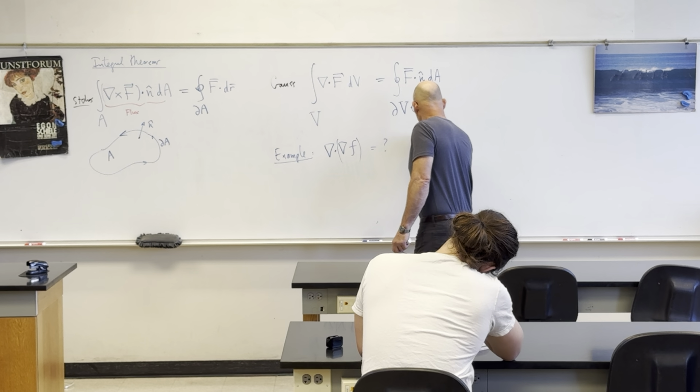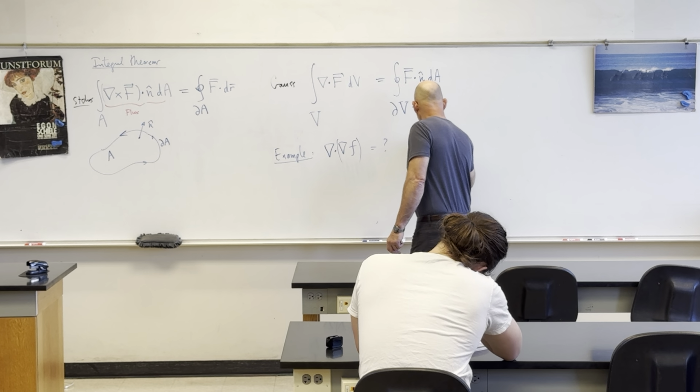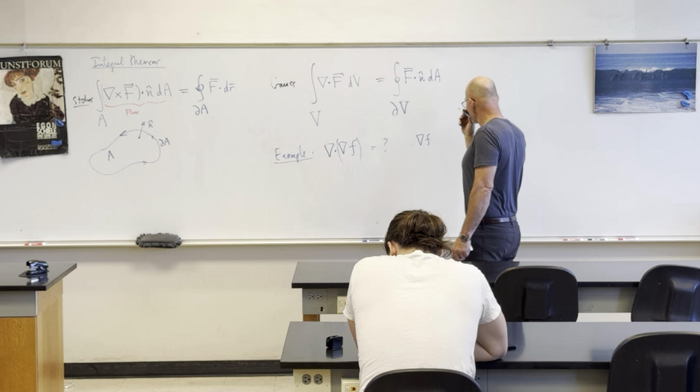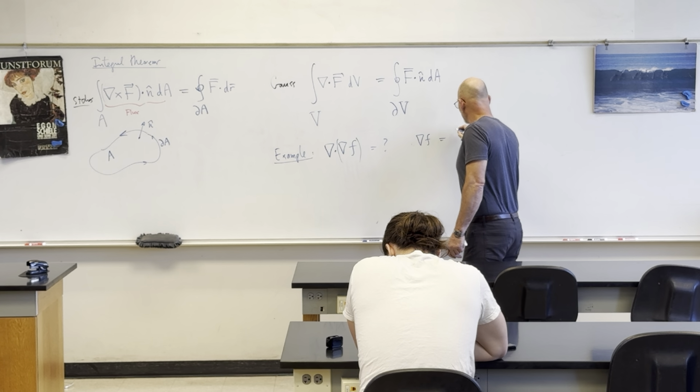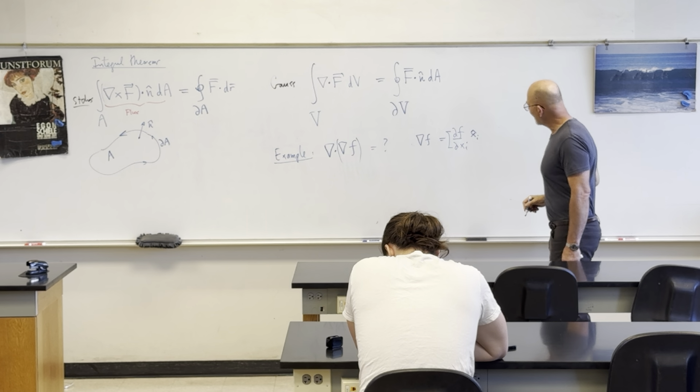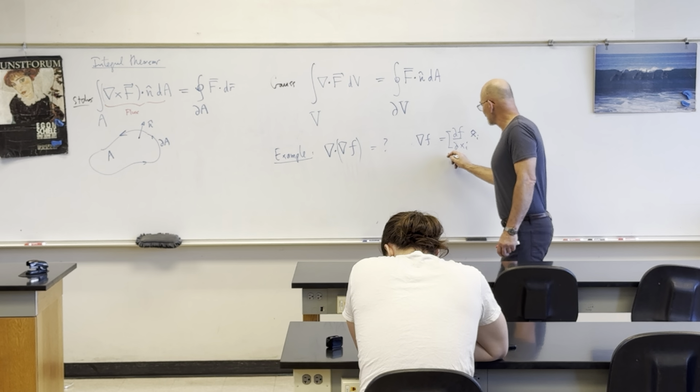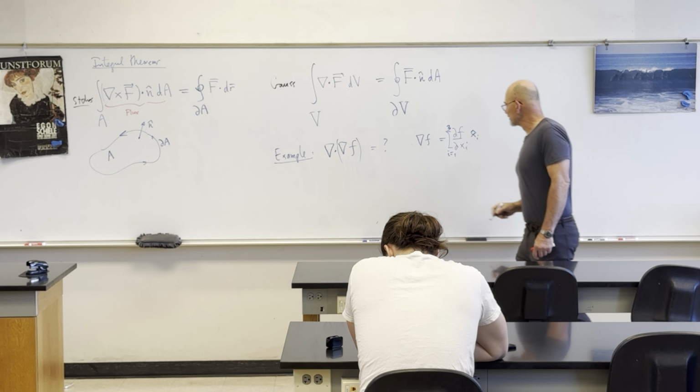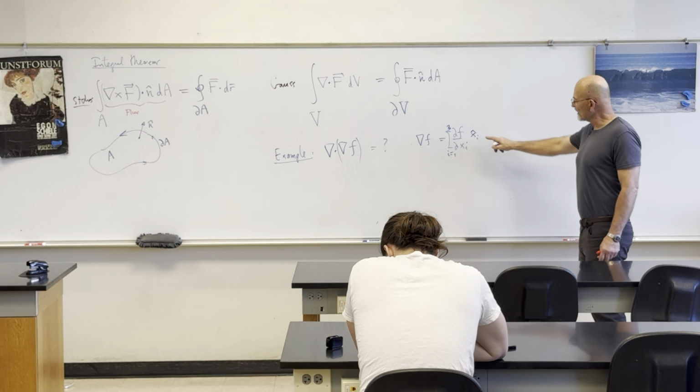So first of all, we're going to have gradient f is df over dx_i times e_i, summed from i equals 1 to 3, where those are the ith unit vector, i, j, k hat.